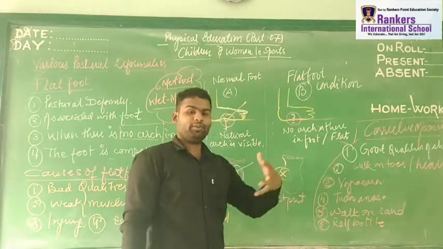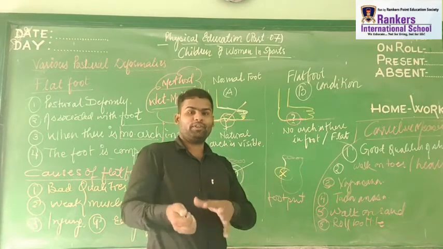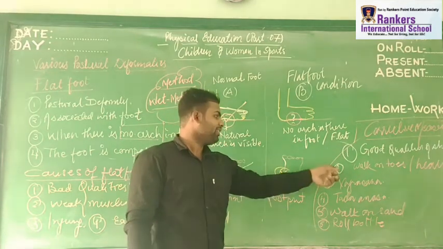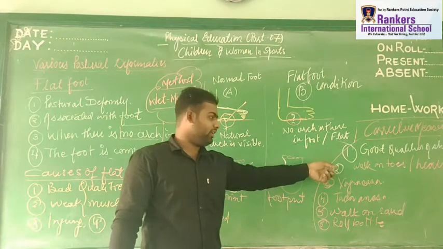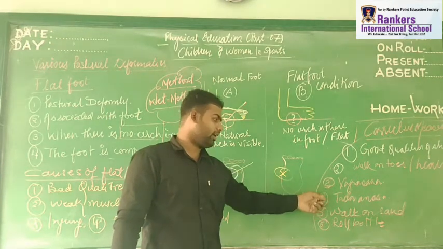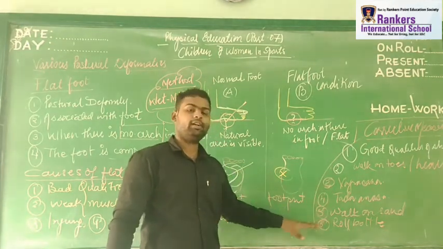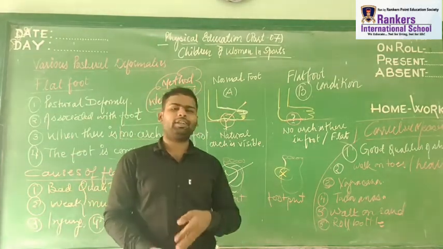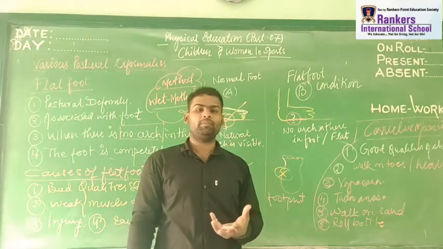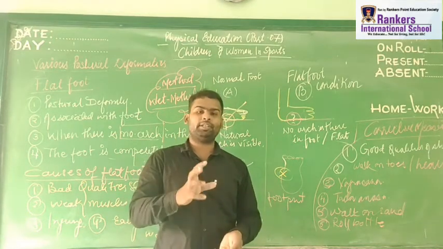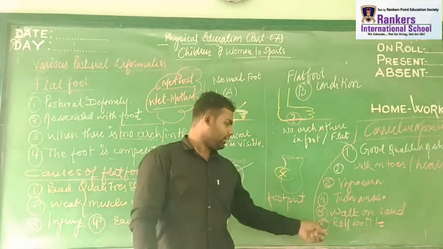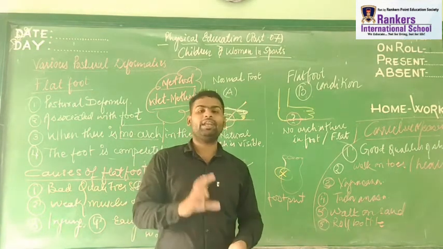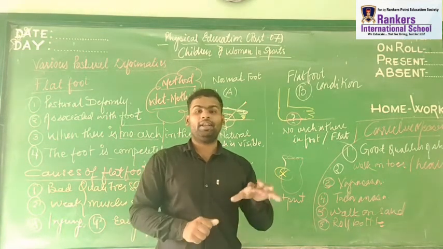I am not giving a kind of motivation to purchase a particular brand. Walk on toes, sometimes walk on heels, Vajrasana, Tadasana, walking on sand, roll bottle and everything. You can roll any comfortable object in a cylindrical shape or a sphere or ball shape, rolling that particular object under your foot.